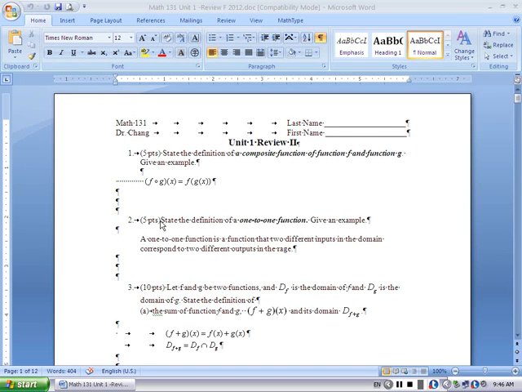What would be a composite function? Like what is f, what is g, and what is f composed with g? Is that like literal translations or examples that we need? You mean for example or for definition? You do need both. You need both the word definition and the example, for a composite function and for a one-to-one function. Okay. So for example, we can start with this.